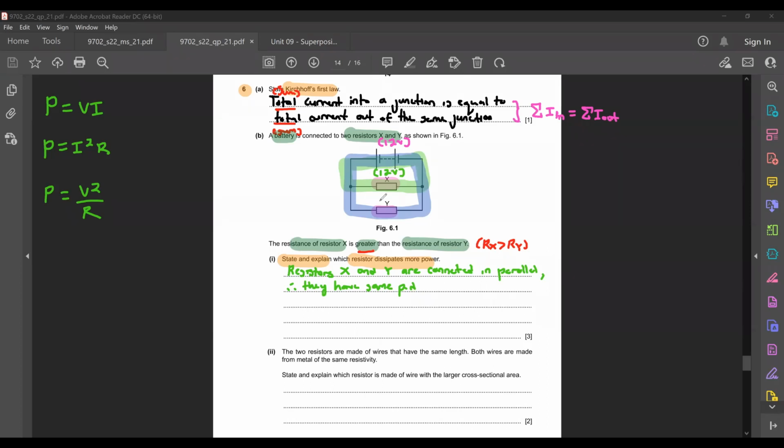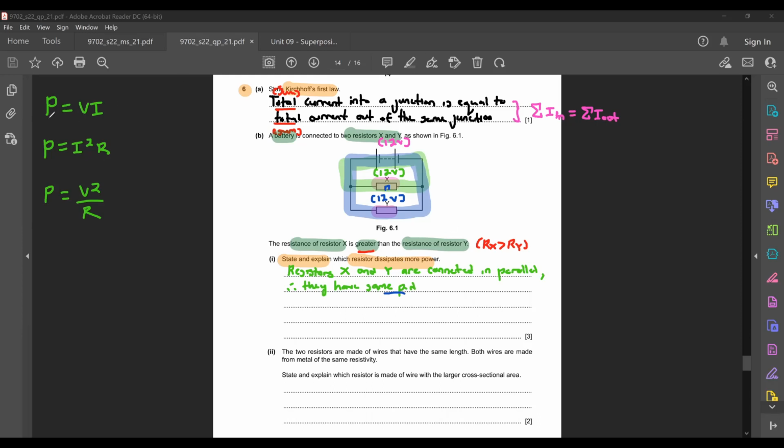So this PD here must be 12 volts. If you make a comparison between the PD of resistors X and Y, you will notice that they are actually the same. That's why we can say that when resistors X and Y are connected in parallel, they have same PD. Now from here, it makes your life easier because you know now V is constant.